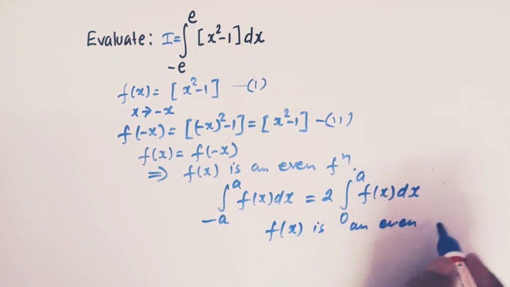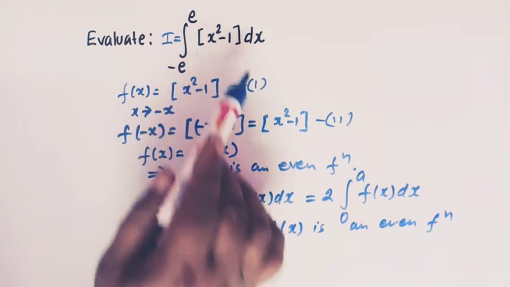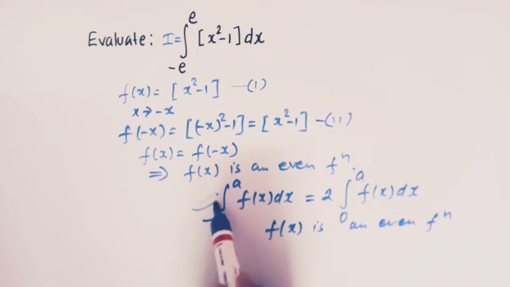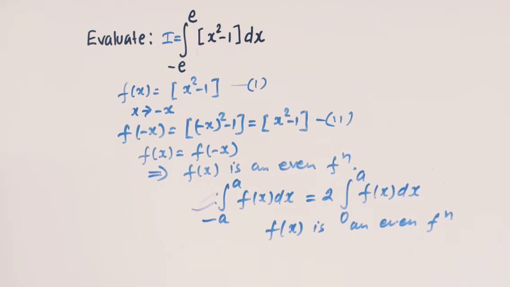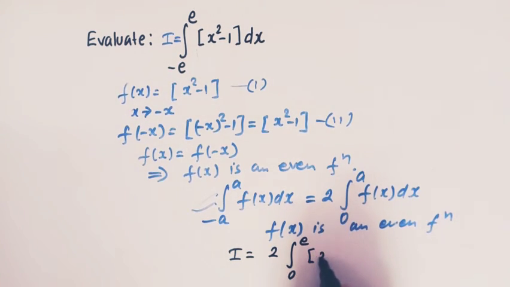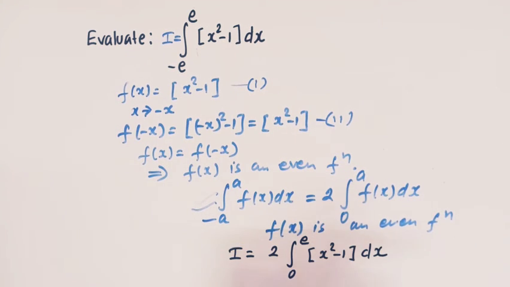Applying this property, we can write I is equal to 2 times the integral from 0 to e of the greatest integer of x square minus 1. Now our aim is to evaluate this integral.